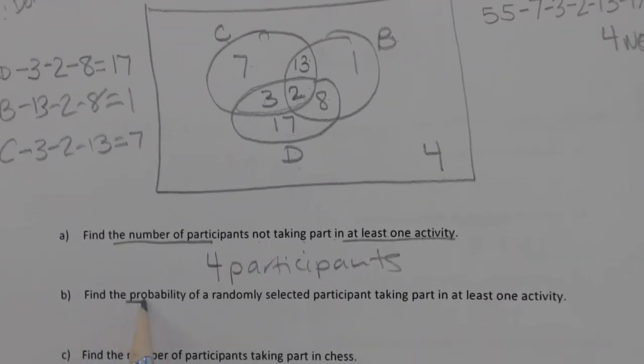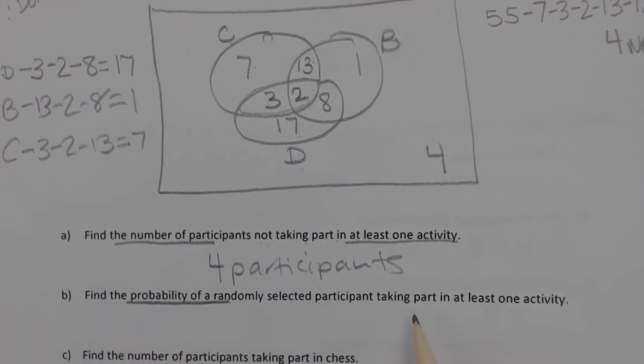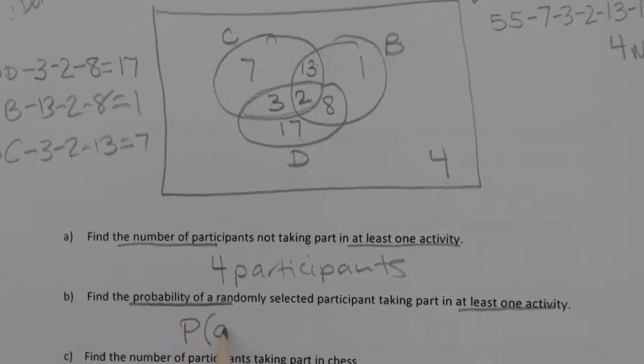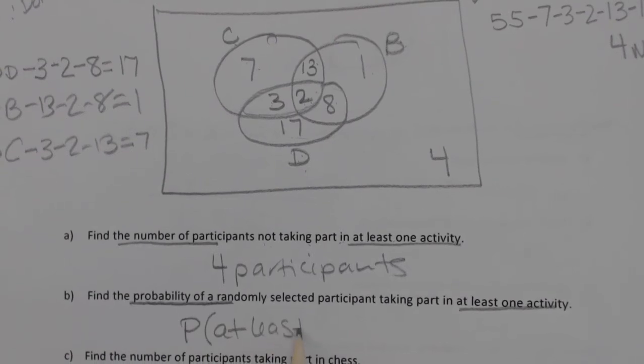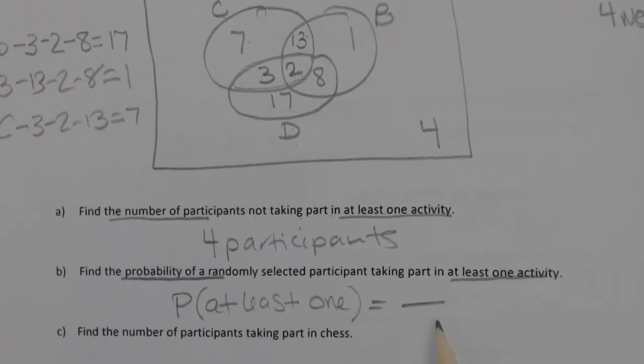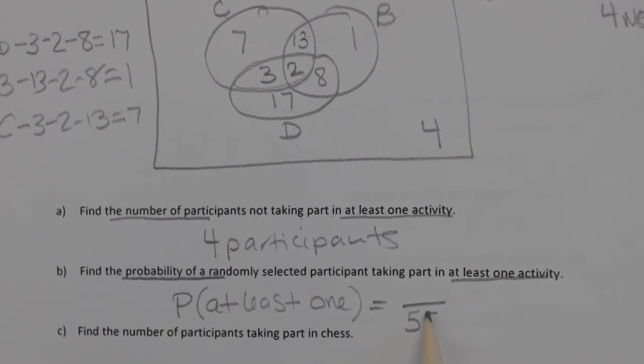Next. Find the probability of a randomly selected participant taking part in at least one. So here's where it changes to probability. Probability of at least one. We're going to have a fraction. The number on the bottom is the total participants. That's 55. Taking part in at least one, we have to find this number.